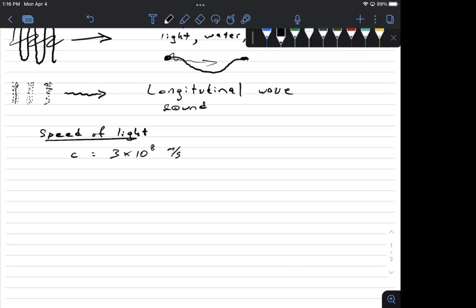Well, I can't really answer it too well, but there are 2 other characteristics which define what's called the color of light. The first one is called the frequency, and that's little f for frequency.